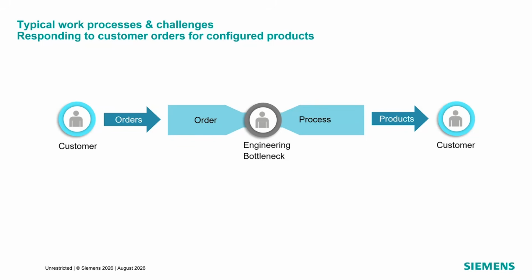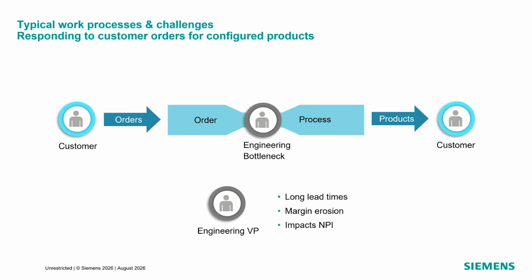If the process depends, again, on repeated manual work, lead times increase and cost overruns can really destroy our profit margins.